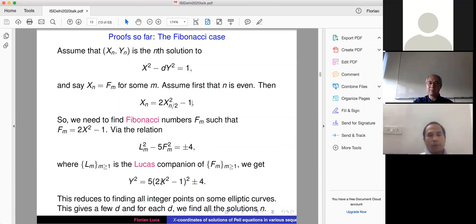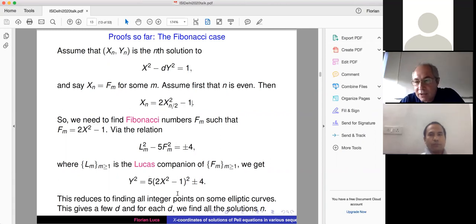It turns out that this polynomial of degree 4 has only simple roots. And then there's the theorem of Siegel saying that if you have a Diophantine equation of the type y squared equals f of x, where f is a polynomial with simple roots and degree at least 3, then it has only finitely many integer solutions.